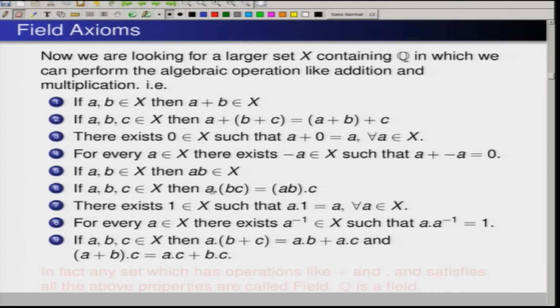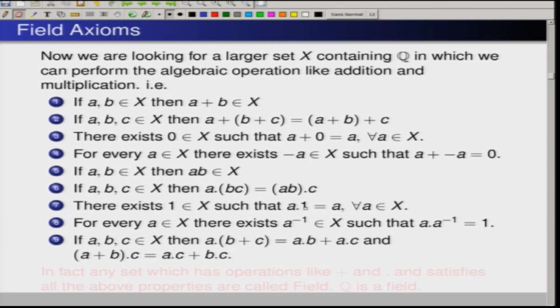And then this associativity: a into (b c) is equal to (a b) into c. First I multiply a into b, then I multiply by c. And there exists one element in X such that if I multiply that element with any other element of X, I am going to get that element back, that is a into 1.